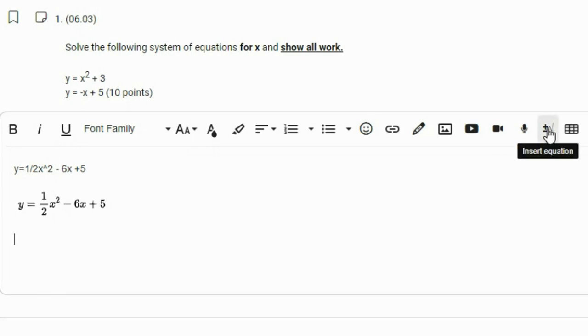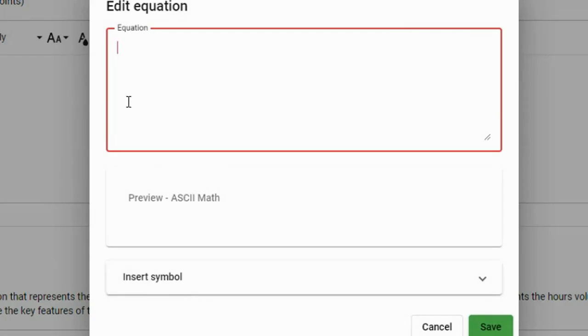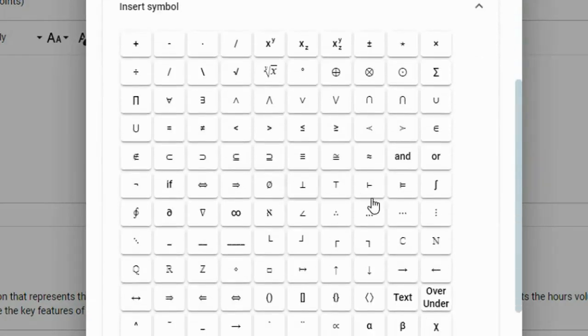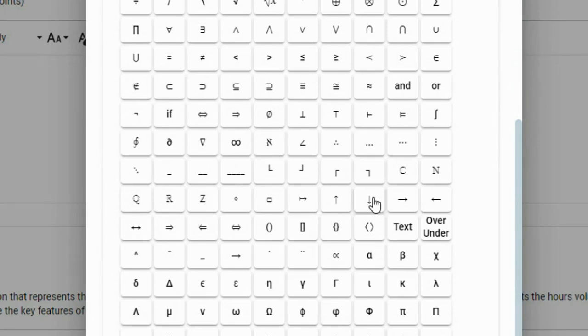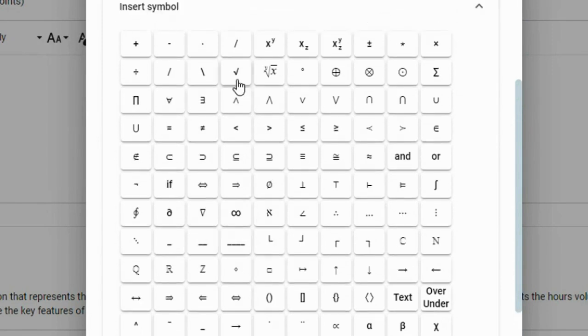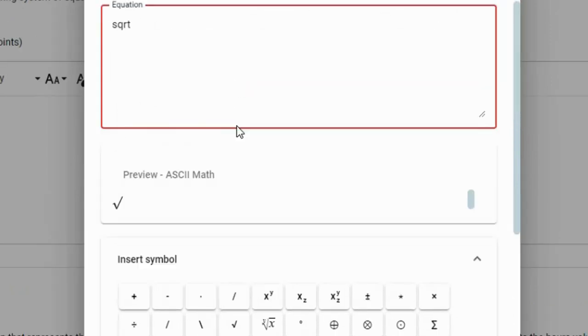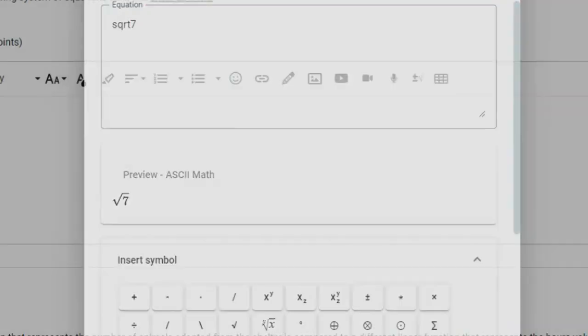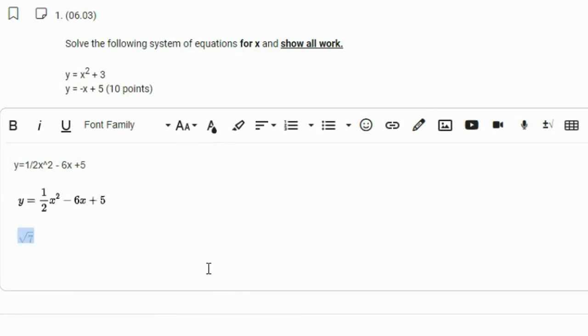If you don't know how to type something in the insert equation box, click on this down at the bottom, and here's a whole bunch of buttons you can use to automatically do things for you. Say I don't know how to do the square root of 7. Here's a square root button. If I click that and then type 7, look what it did for me: it made it the square root of 7. That looks right.